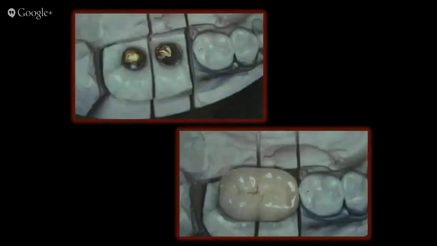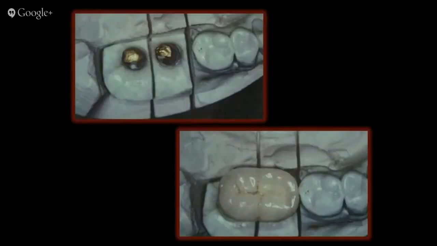The first thing which should strike us is we understand that for a maxilla, the bone resorbs upwards and inwards. For a mandible, the bone resorbs outwards and backwards. So a maxilla tends to shorten, a mandible tends to widen. A fact which neither I can change nor anybody else can change.